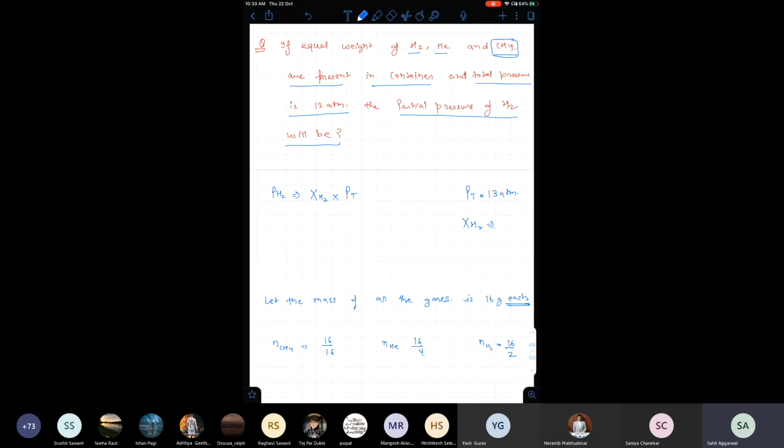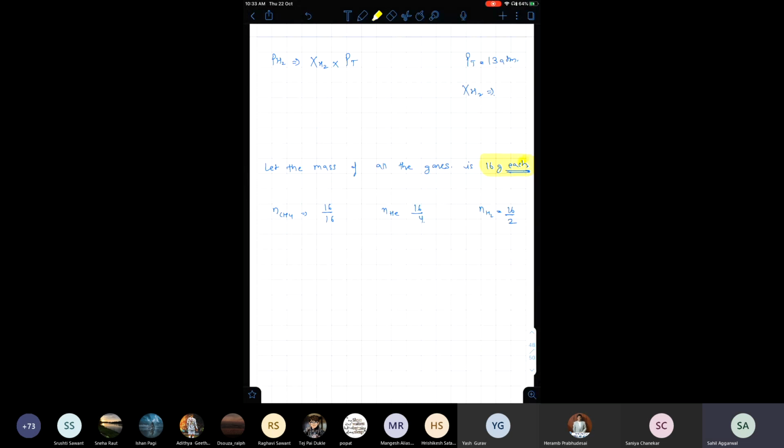So I took the mass 16 gram for each. Then I calculated the moles for each case because I wanted the mole fraction: 1 mole, 4 mole, and 8 mole. So the total moles becomes 13.